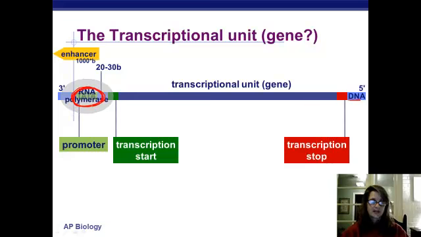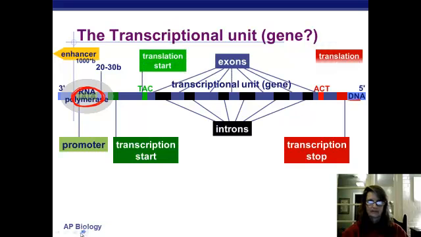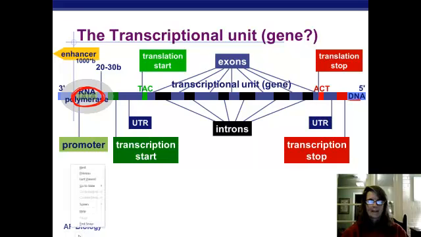RNA polymerase would attach to that promoter and it would transcribe that gene. And when it did so, and it got to a stop place, it would stop, and then we'd get an RNA molecule from that.